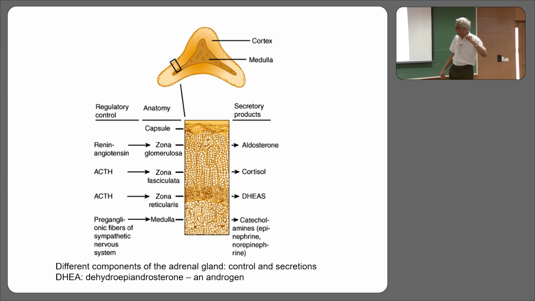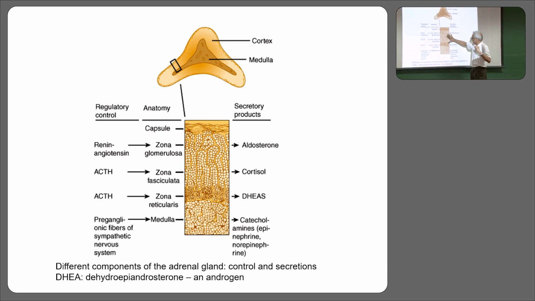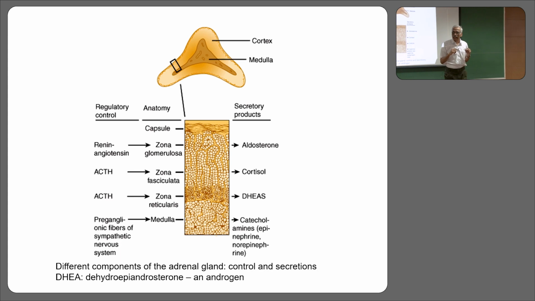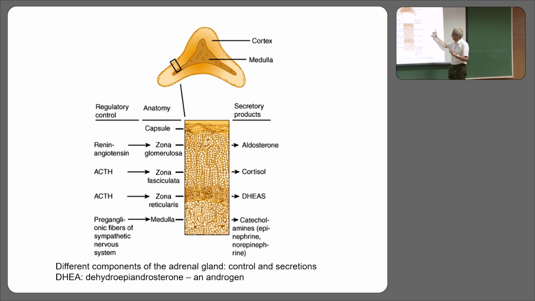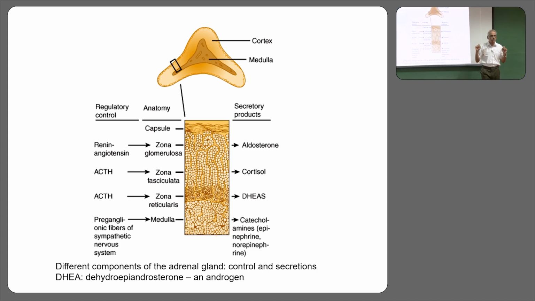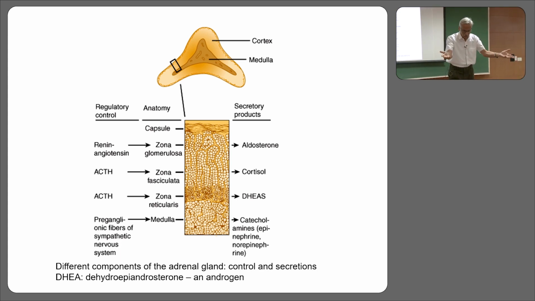Zona glomerulosa. The second layer, which we call zona fasciculata, has all those strand-like cells, and it secretes a large number of glucocorticoids. Again, I will step back. Aldosterone is secreted by what?